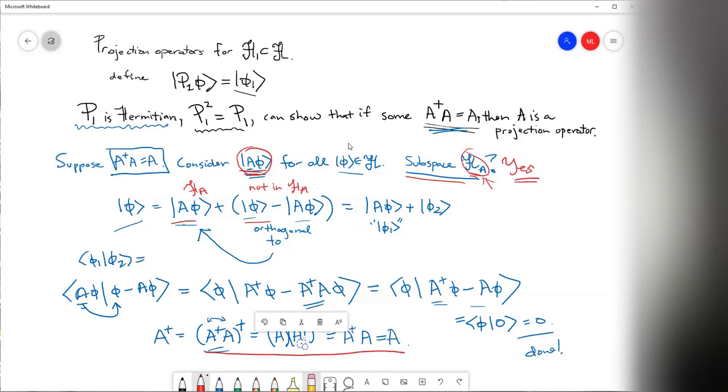No, so we're assuming A dagger is equal to A. Now recall a unitary operator has U dagger U equal to I. Yeah, it takes some practice. It takes some getting used to this kind of thing.